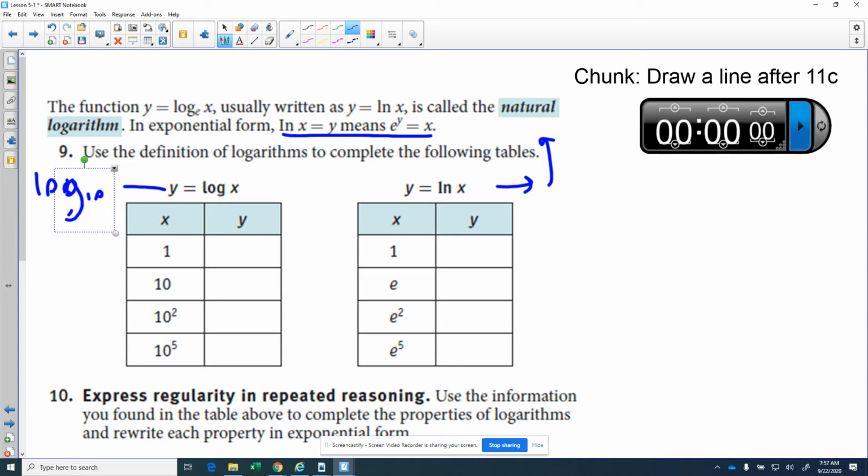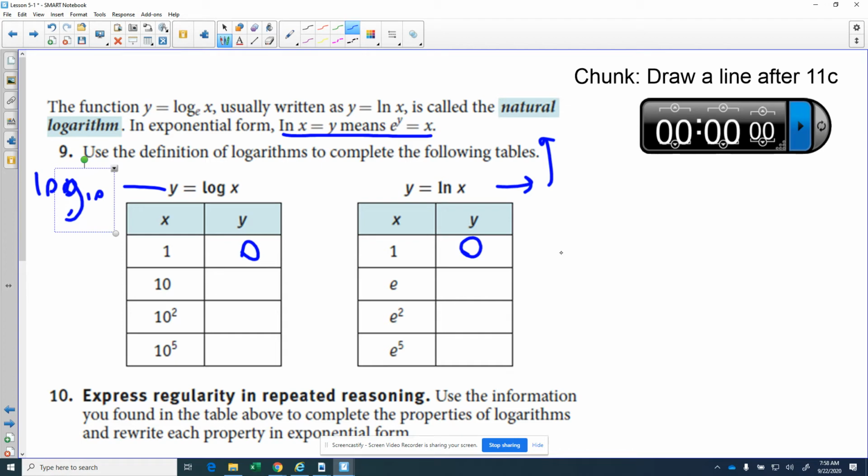So when we consider this, if I plug 1 into that original function, my y value is 0. Here's the whole idea of both of these. This is the key thing I want you to think about. The reason I'm getting a 0 as an answer is because we want to think what exponential value would give me an answer of 1.